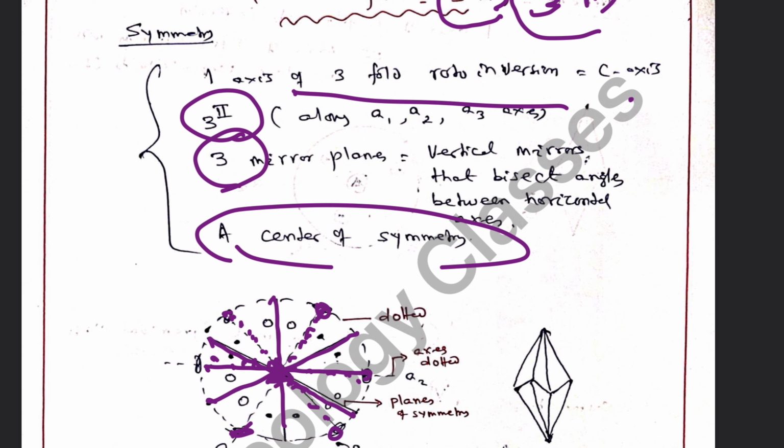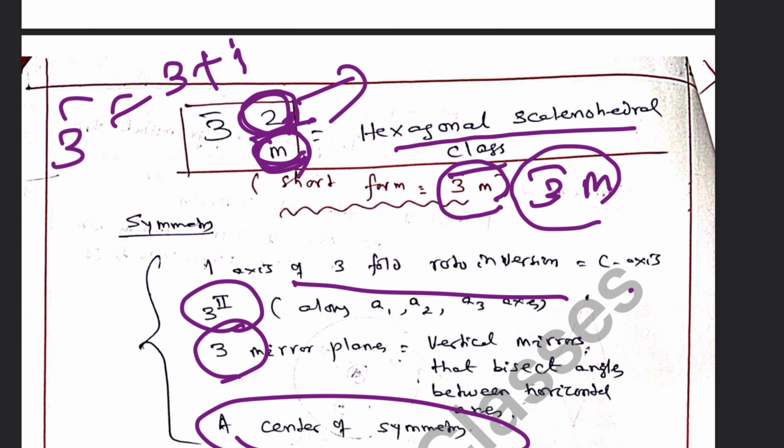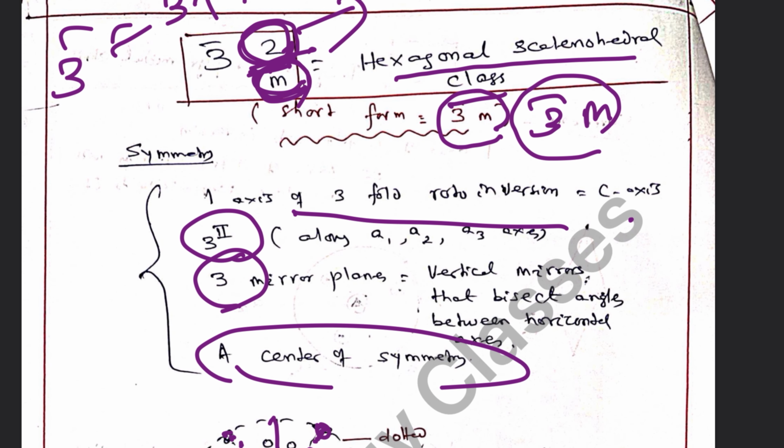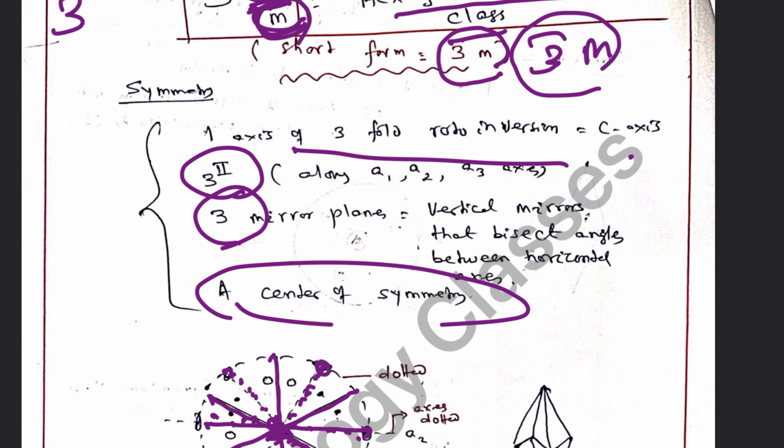So these are the 3 mirror planes, 3 axes of twofold, 1 axis of threefold, and there is no horizontal plane of symmetry. This M refers to the vertical plane of symmetry. It is not a horizontal plane of symmetry.